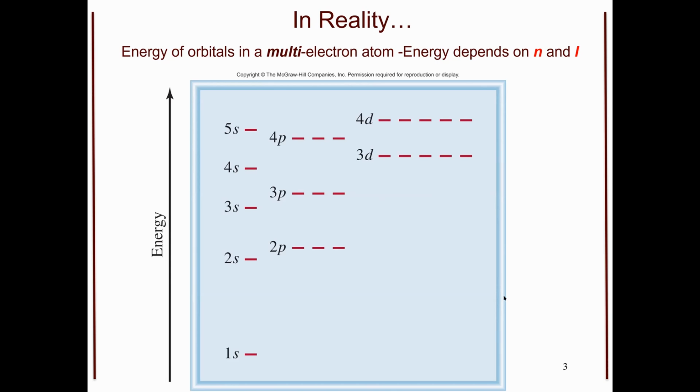This is the reason why, as we will see when filling these diagrams in the next chapter, we fill the 4s orbital before the 3d subshell, because of the energetics and their stability as well as their electronic properties.